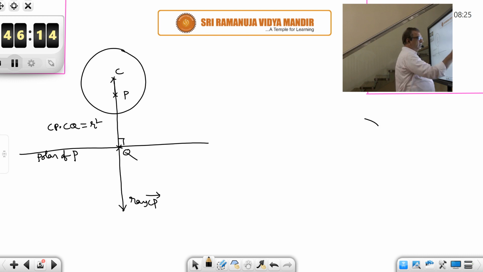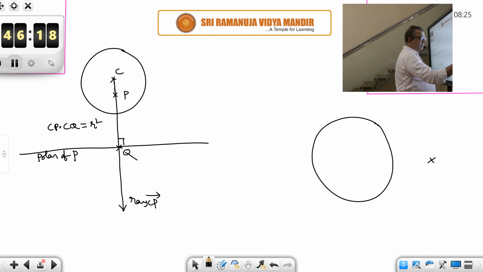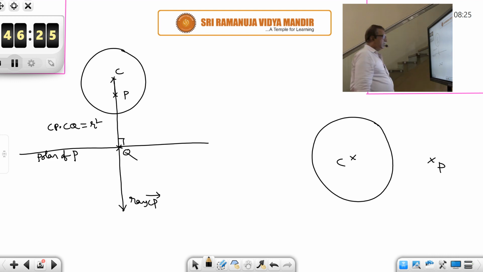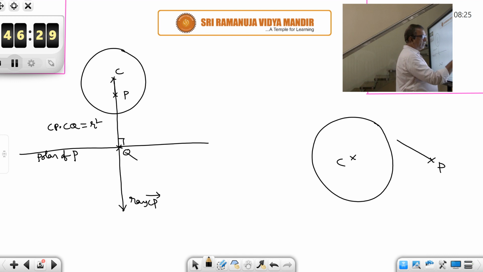So suppose this is the circle. P is here, outside. C is here. For an outside point, what is the polar? Chord of contact. Actually, draw two tangents.